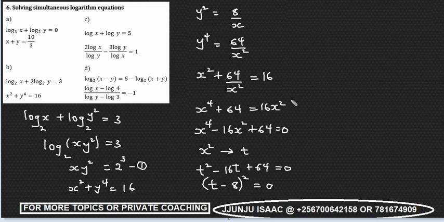So that means that t is equal to 8, but t is x squared. So this implies that x squared is equal to 8. So x can be given as the square root of 8.